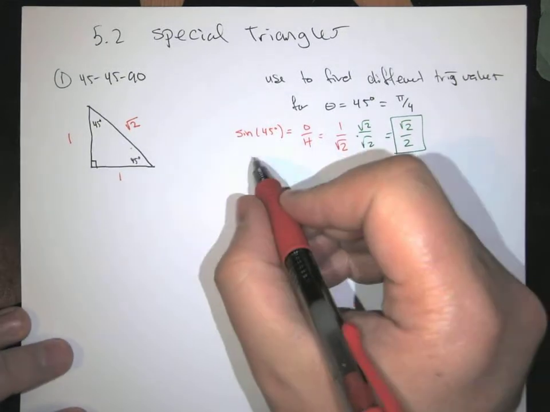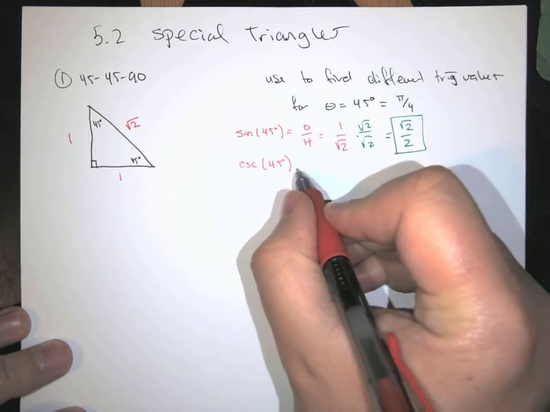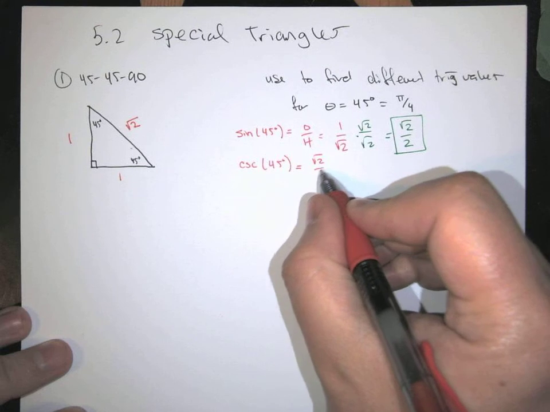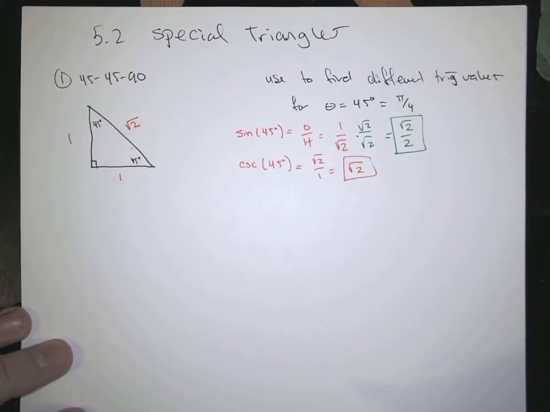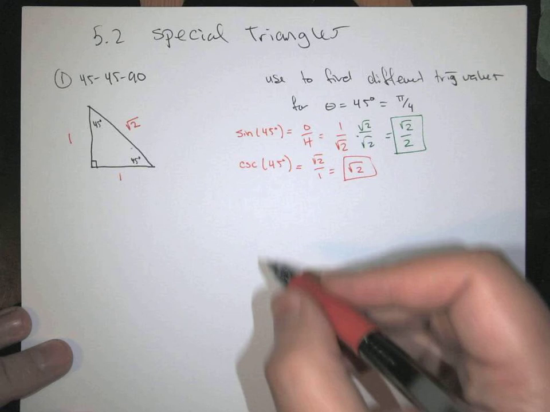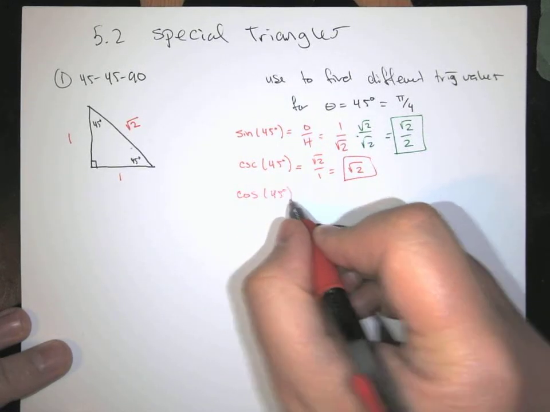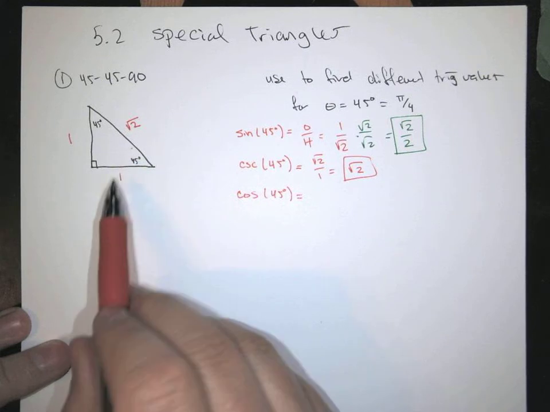If we flipped it and did our cosecant, I would flip this version, and root 2 over 1 would just be a single root 2, and that would be that. These are fast, so I guess we'll just go ahead. Cosine of 45 degrees. Now we're talking about the adjacent over the hypotenuse.